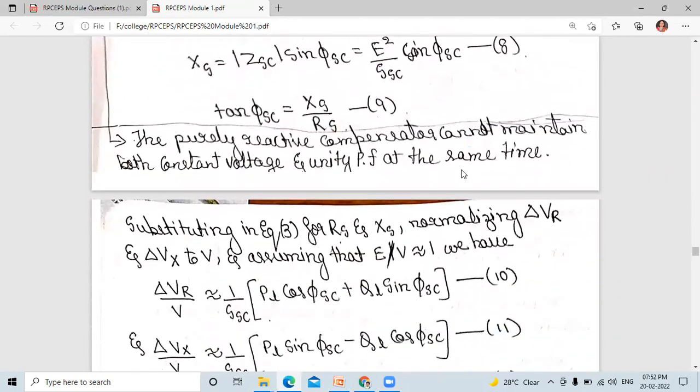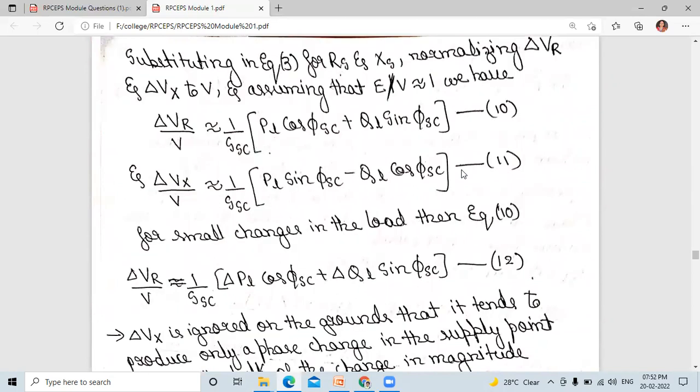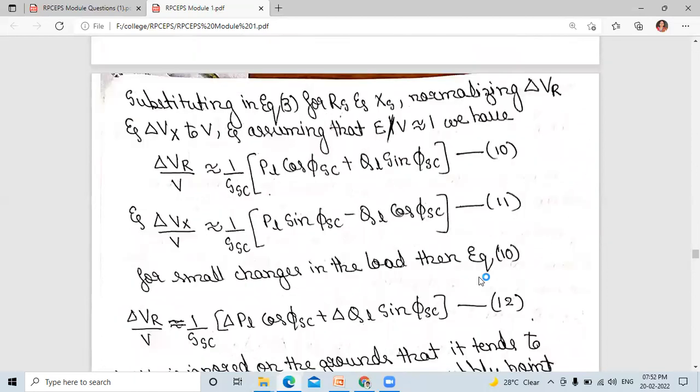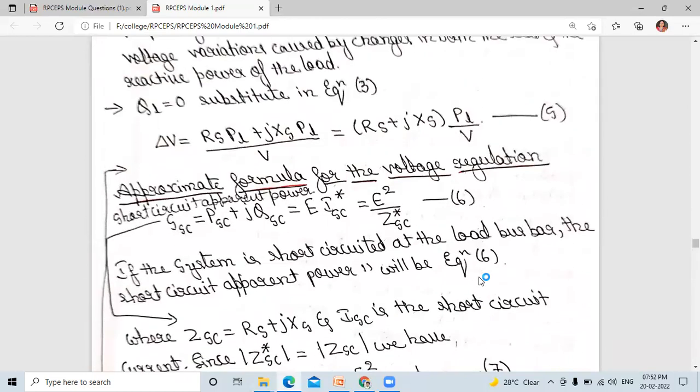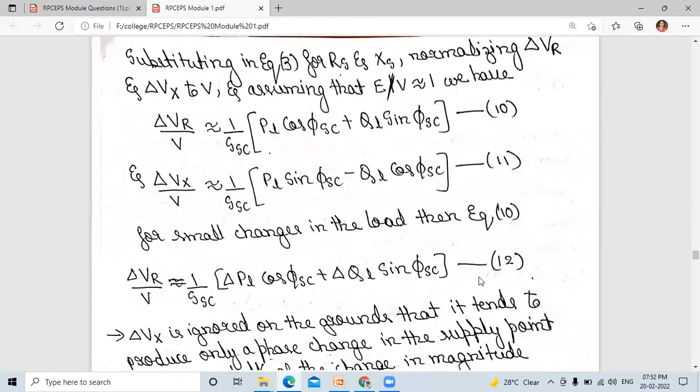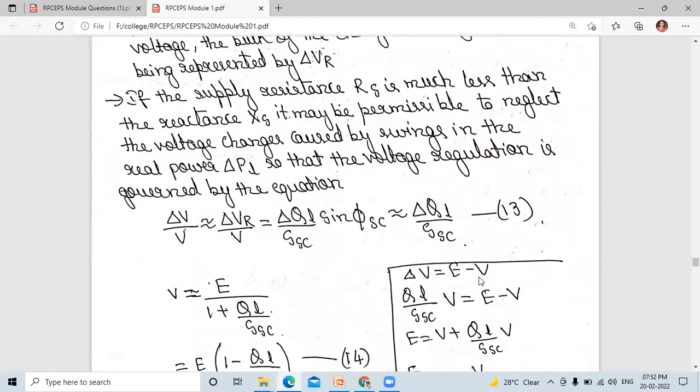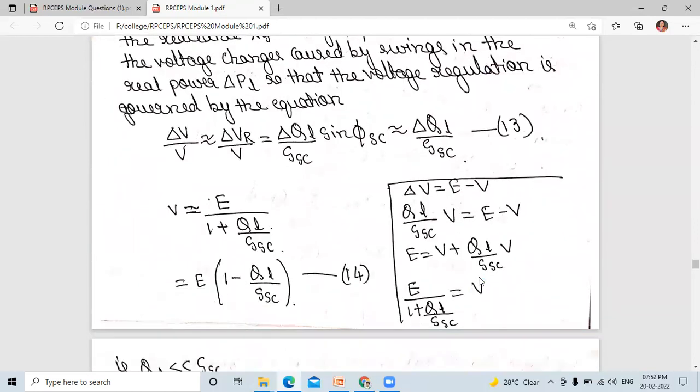If they asked for the approximate formula, even for 10 marks, you just mention at least these 3 equations. Okay, after writing equation 5, you just mention some equations in the approximate formula also. Okay, because they have asked for 10 marks. If it is 10 marks. Okay.